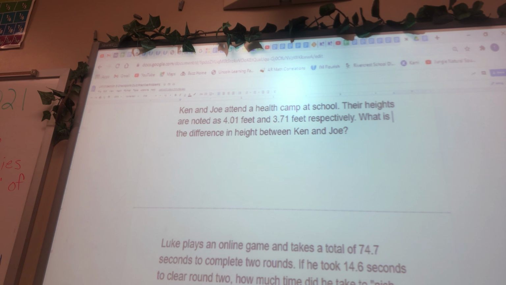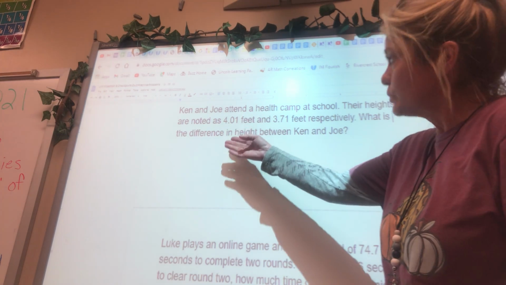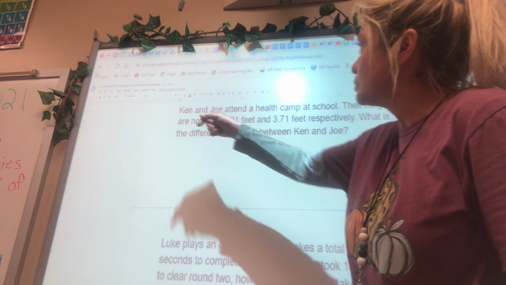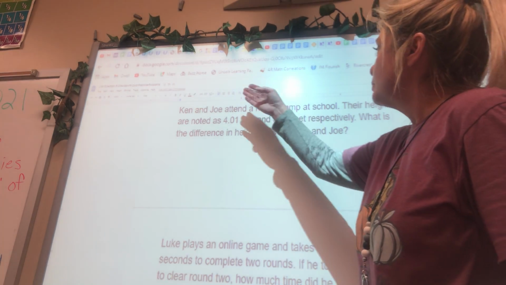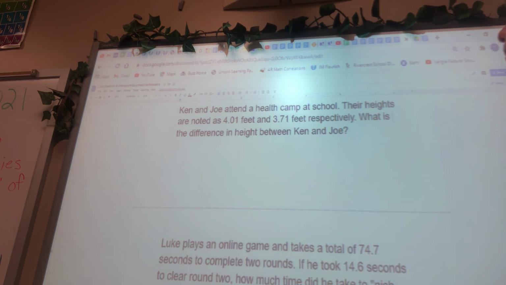Ken and Joe attend a health camp at school. Their heights are noted as 4 1/100 feet and 3 7/100 feet respectively, meaning the first one goes with the first name, so that goes with Ken, and the second goes with Joe. What is the difference in height between Ken and Joe?